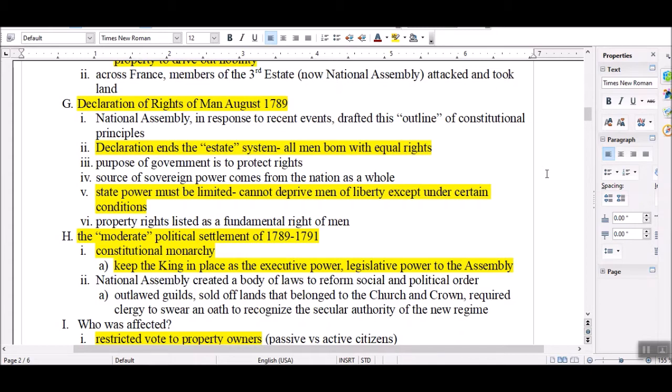And they also want to limit state power, specifically in its ability to deprive men of liberty, which is basically locking them up, unless they're proved to need locking up. If they're a political prisoner, that's not okay. But if they break a law and they are found guilty, then yeah, sure, lock them up.